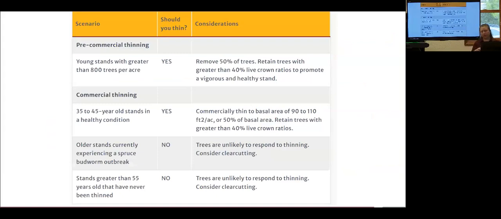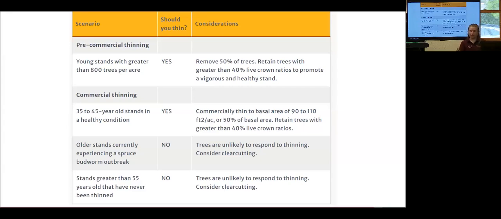And so when we think about stands that are primarily made out of white spruce compared to stands that are made out of balsam fir, usually we want to start thinking about how we can go in there to thin that spruce stand. And so we have to think about a few different scenarios. But just basically, if you have younger, healthier spruce trees, you can go in there and thin the woodland, because those trees are very likely to respond to the thinning.